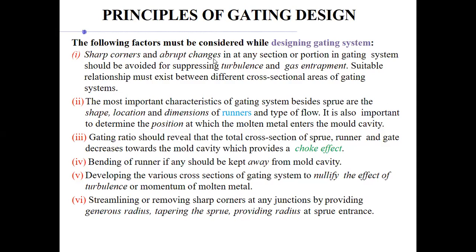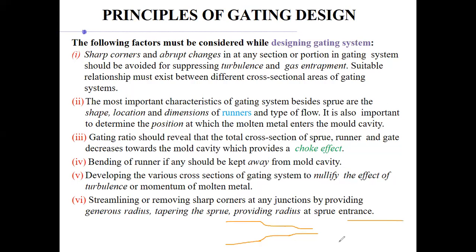Just as if you have seen some road sections, you have a larger width, and then they decrease the width slowly, and if required, they will decrease it more. So you have a smooth transition here.